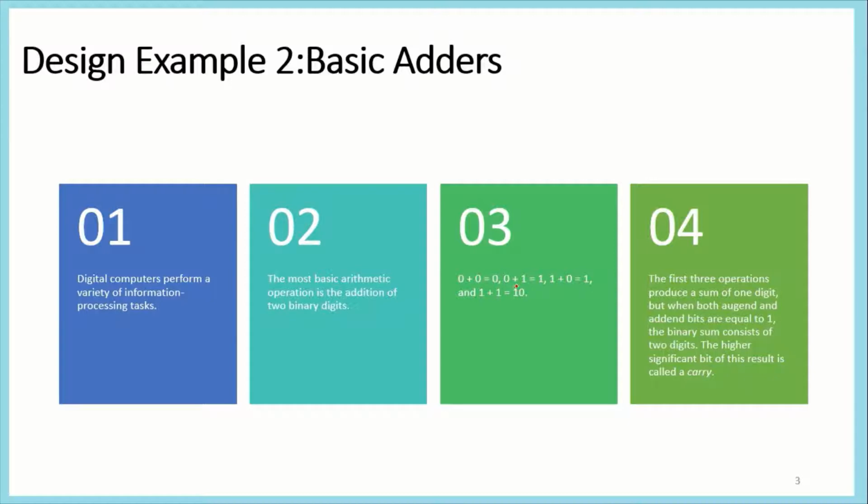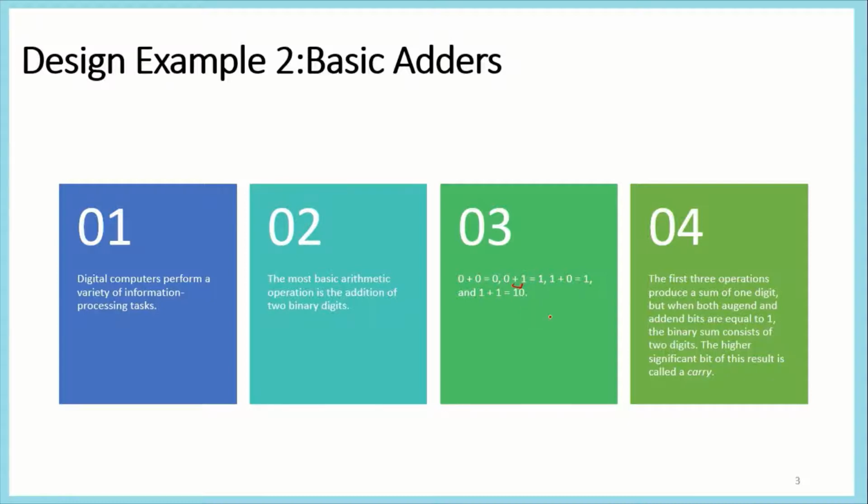Since we are dealing with arithmetic, the plus sign here represents the addition operation, not the OR operation. It's basically a sign of addition, or we will say the arithmetic operation of addition.